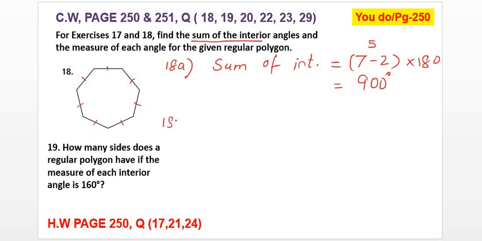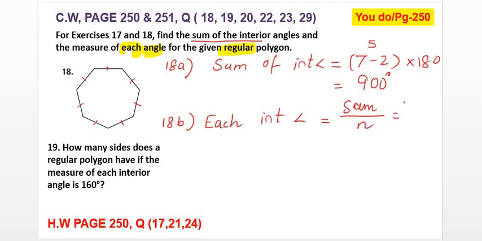Now what is the B part in the same question? It says what is the value of each angle. That means it's a regular polygon, so that's why you can find the value of each interior angle. What do we do? We always take the sum and divide it by the number of sides. So in step 1, or you can say in the first part, we found the sum of the interior angles.